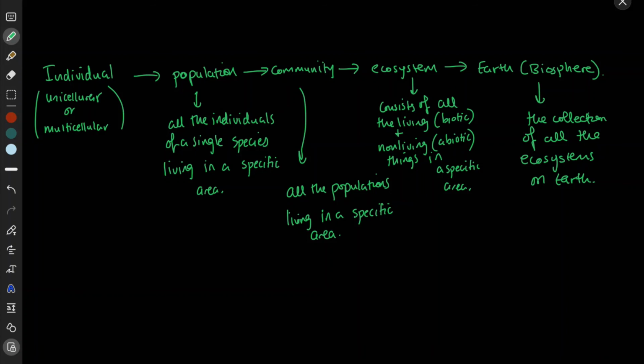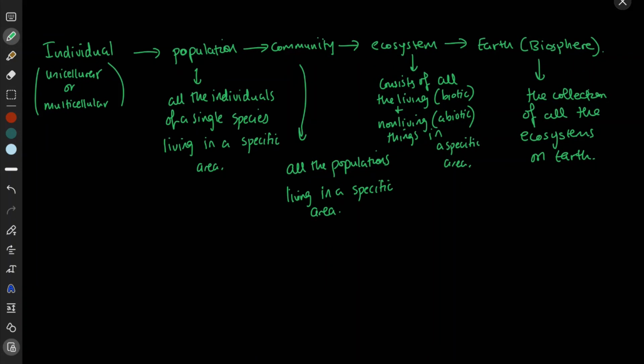So the individual, population, community, ecosystem, Earth, and let's talk about an example on how all these tie in together. So when we talk about the individual, let's just pick, let's say, a pine tree in a forest, right? So a specific pine tree in a specific forest or a specific area, right?